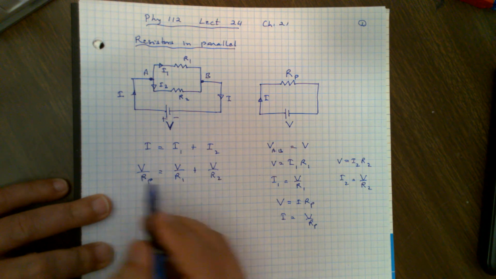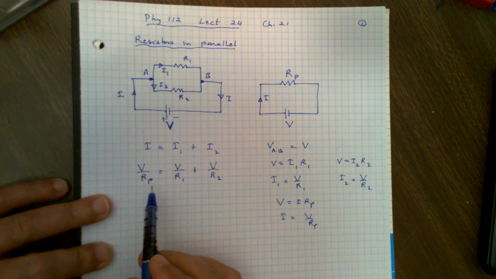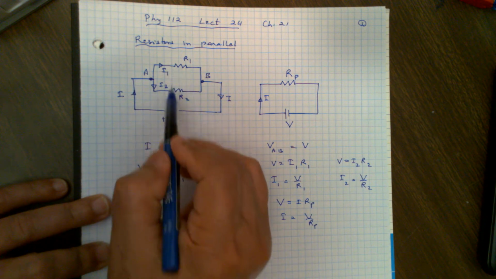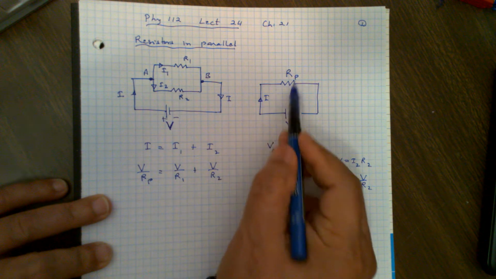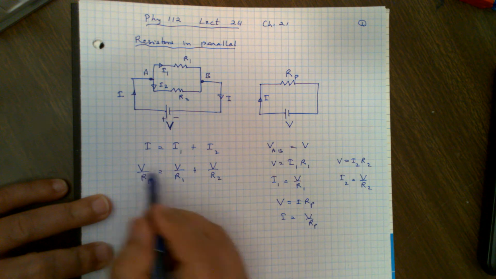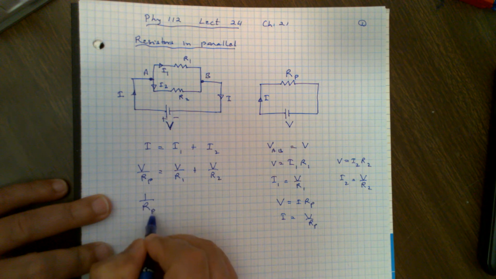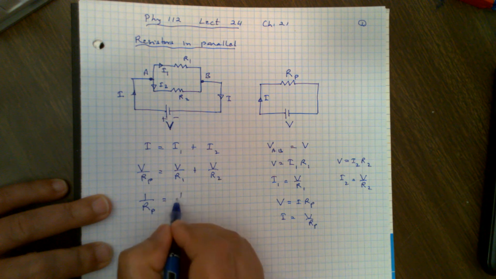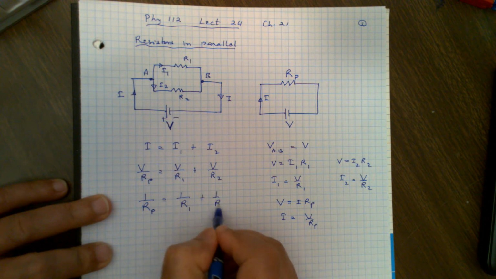So you see the voltage drop from A to B is the same for both resistors, so the V is the same. Similarly for this equivalent resistor, same V, so these V's cancel out. I get 1 by RP is equal to 1 by R1 plus 1 by R2.